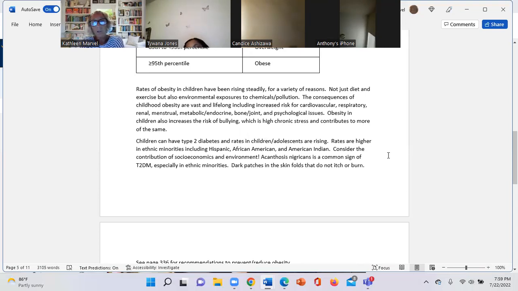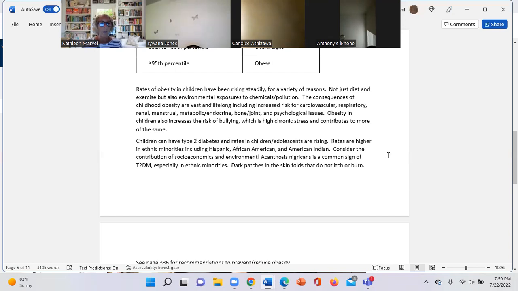I saw this all the time in the schools: obesity in children certainly increases the risk of bullying and harassment, without a doubt. The other thing that's on the rise is type 2 diabetes, your diet diabetes, I call it.